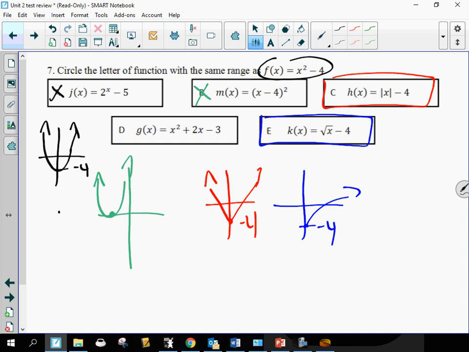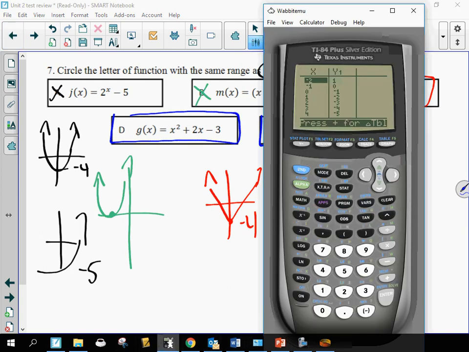This one is out because if I graph it, it is shifted down not 4 but 5. This one's tough. This one you're going to have to graph and look at the graph.